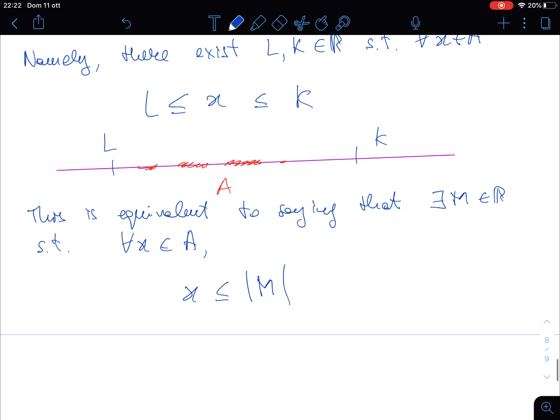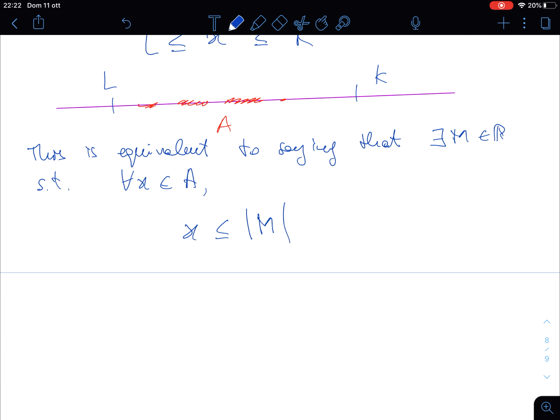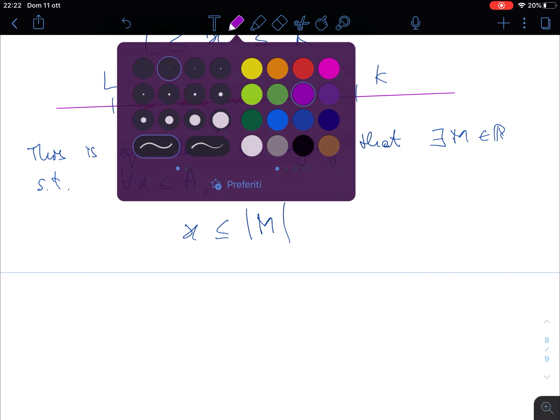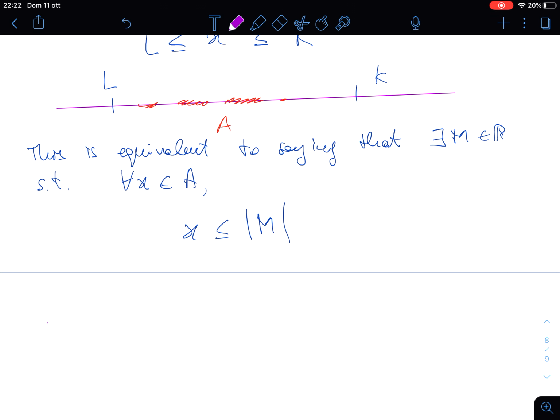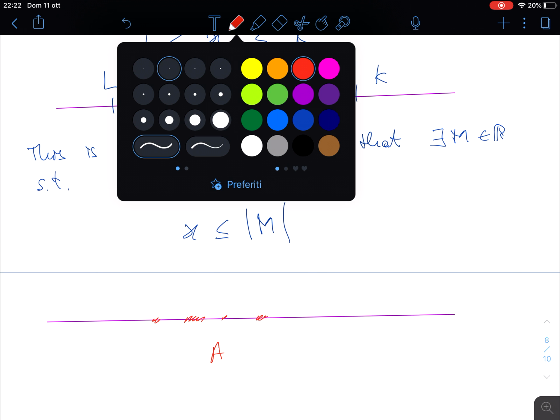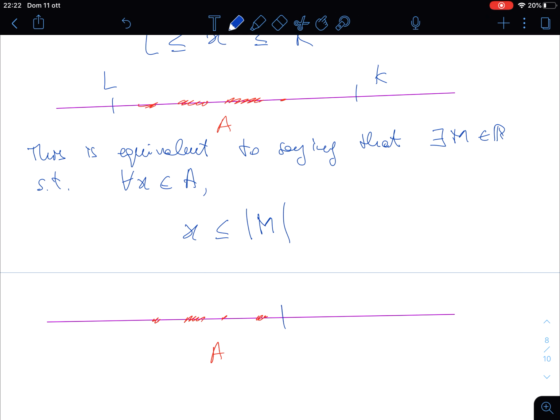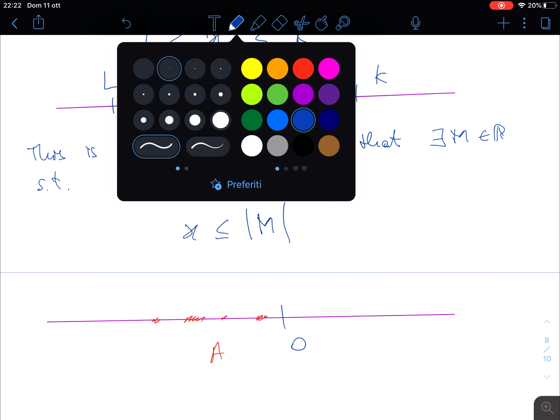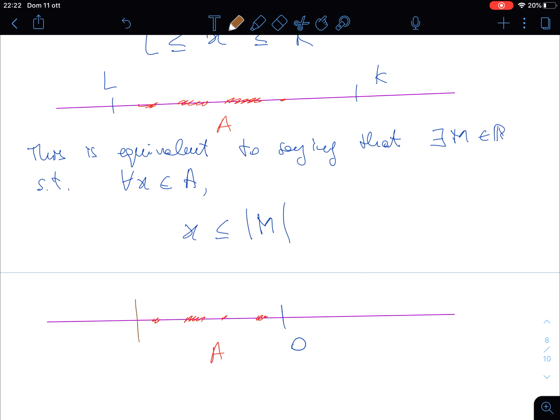Okay, and this new definition amounts to nothing but having your set A here, and you consider as a reference the point 0, for instance here, and then you can take here minus M and here plus M. The idea of being bounded is that it can be contained in a box.